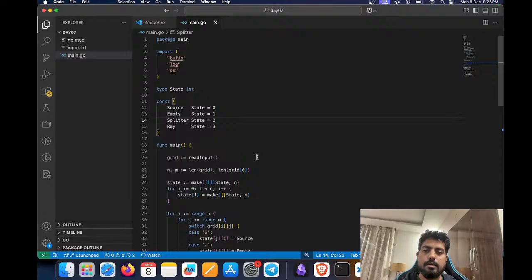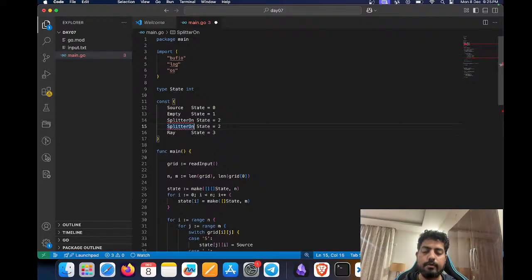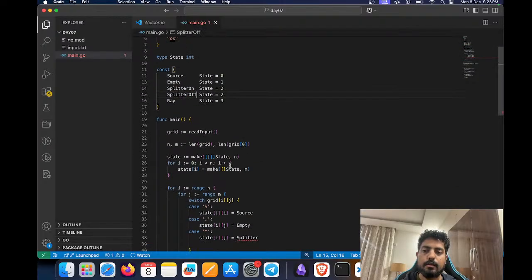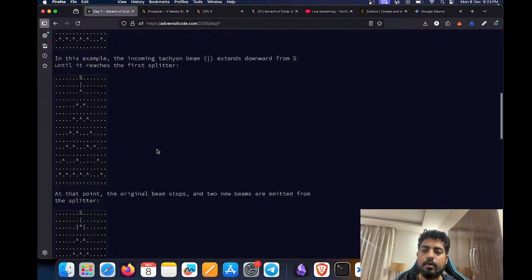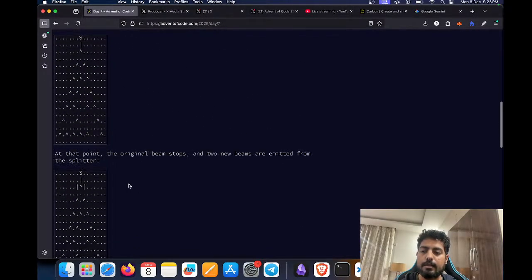We can just think of two states: splitter is on and splitter is off. If we have seen a splitter, maybe we can also mark it as empty, but that's okay. For now, I'll just mark it as splitter off, and I think we can be sure that we have only one source, which is in the middle.